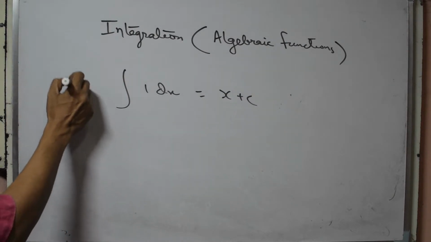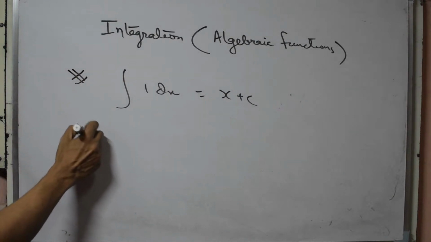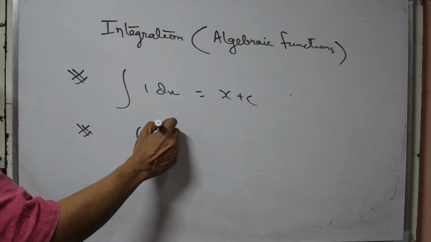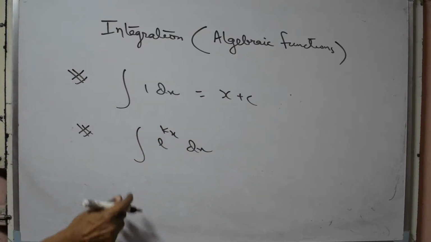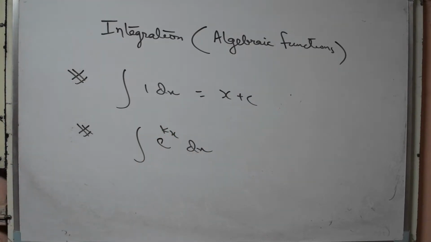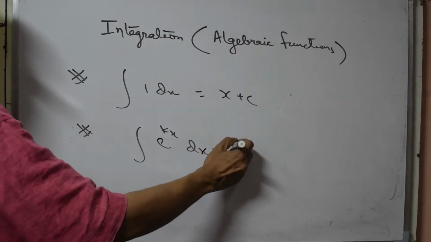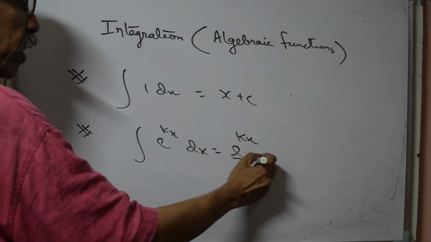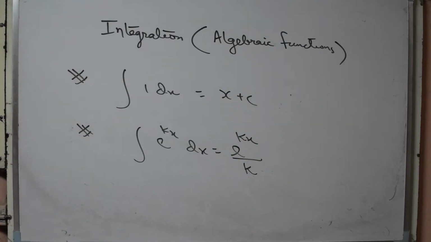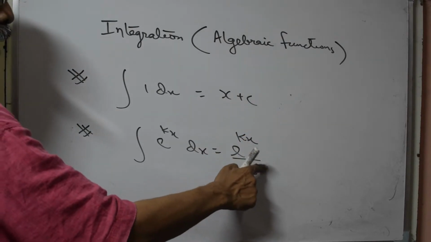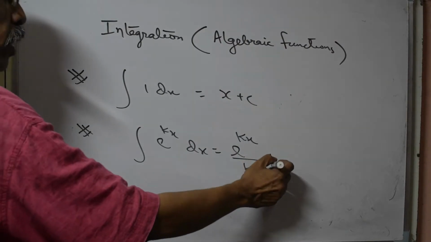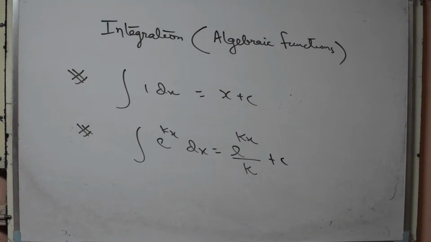The next formula we can have is e to the power kx. That means the power of the exponential e is kx. Then the integration of e to the power kx will be e to the power kx divided by k. In differentiation we have seen that it gives k times e to the power kx, but here it will be e to the power kx by k. k is any constant number.